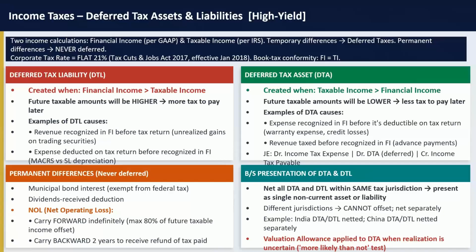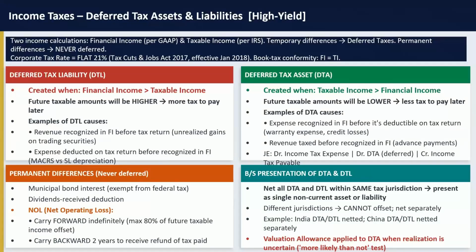I can carry forward this loss indefinitely or carry it backwards for 2 years for receiving the tax benefits. If I carry forward indefinitely, in 2026 I have got this huge loss, so I can carry it forward.